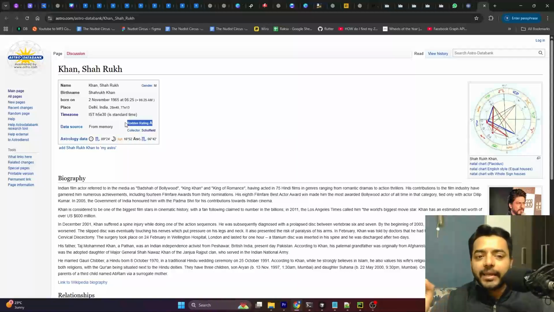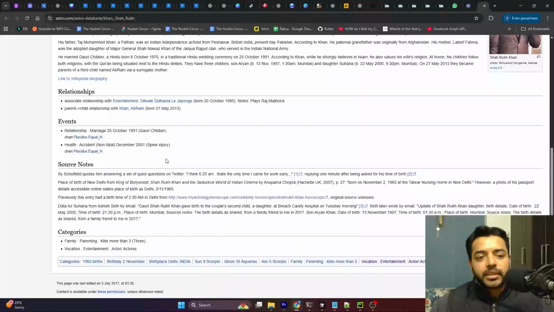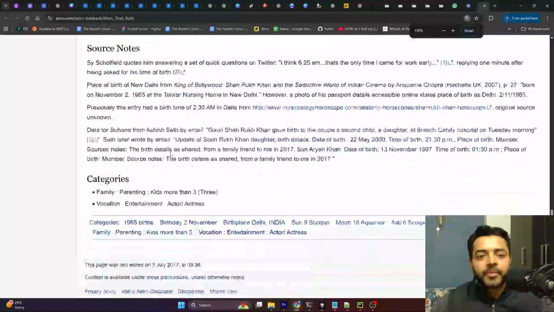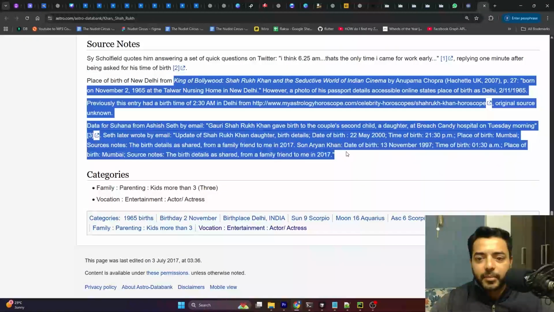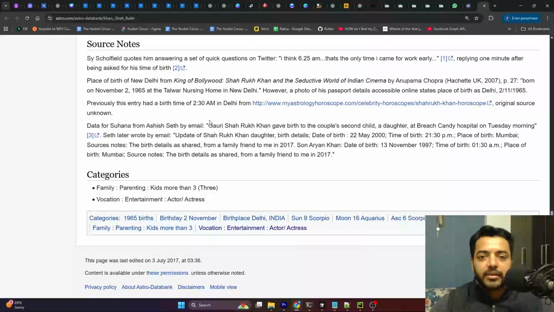So for any date of birth, time of birth, always check on Astro Data Bank, because of the source notes, right? Source notes mean some person reached out to somebody in their family and received that data.